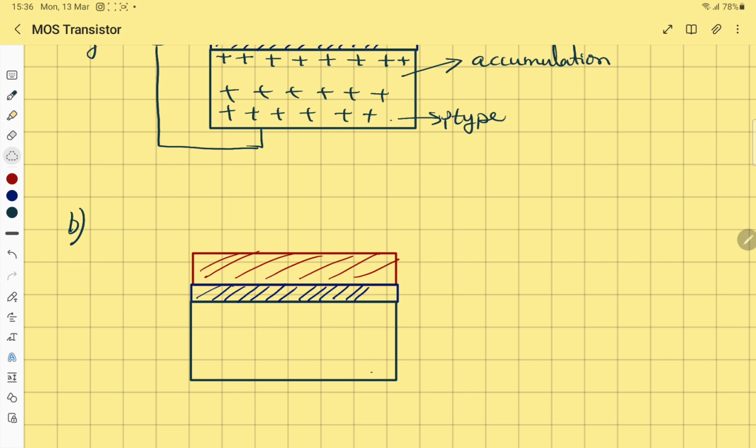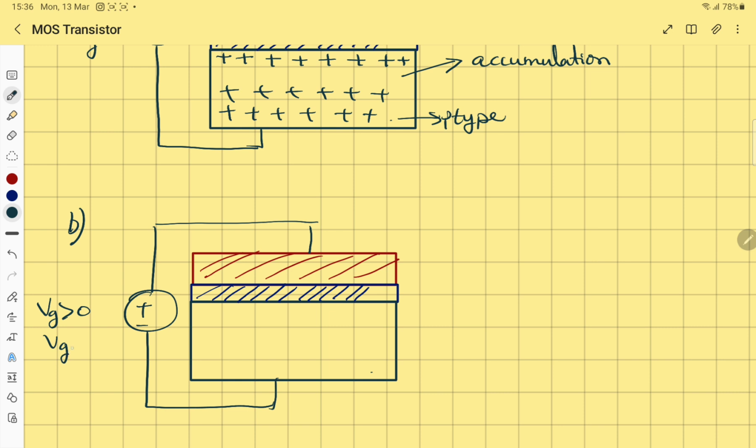Now here we again connect a battery, but at this time the voltage is slightly positive. So we say that VG is greater than 0. All right. But actually VG is also not very large. It is less than, let's say, a threshold voltage VT.